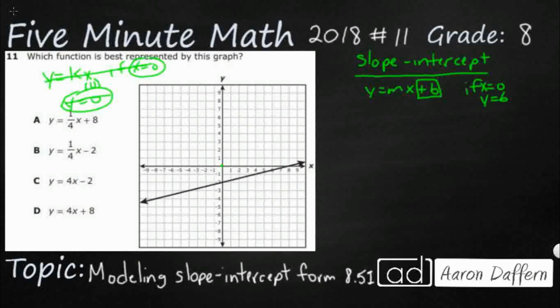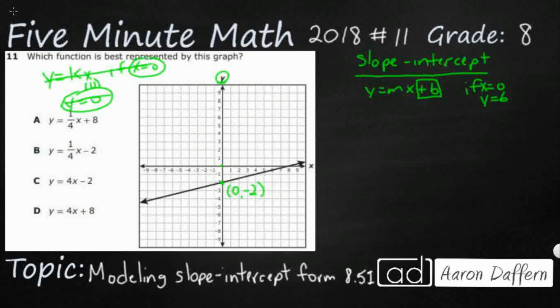So if x equals 0, y equals b, that means x is 0. So we're looking anywhere up and down this y-axis. And you see it crosses the y-axis right here at -2. So here's a point. So I've got x of 0, y is -2.